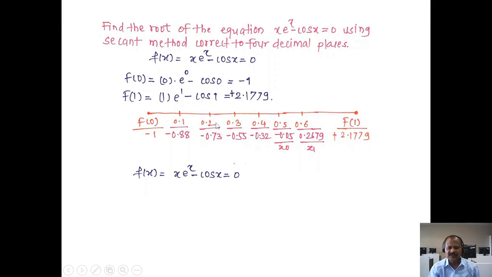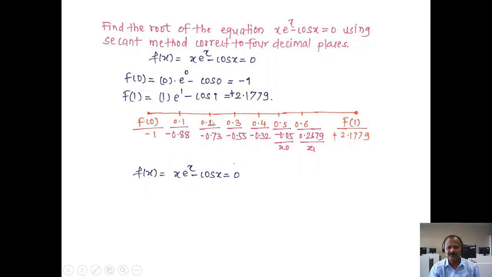For each value, 0.1, 0.2 and so on, we have to find f of x. The equation is f of x is equal to x into e raised to x minus cos x. First, put 0.1 into this equation: 0.1 into e raised to 0.1 minus cos 0.1; the answer is minus 0.88.